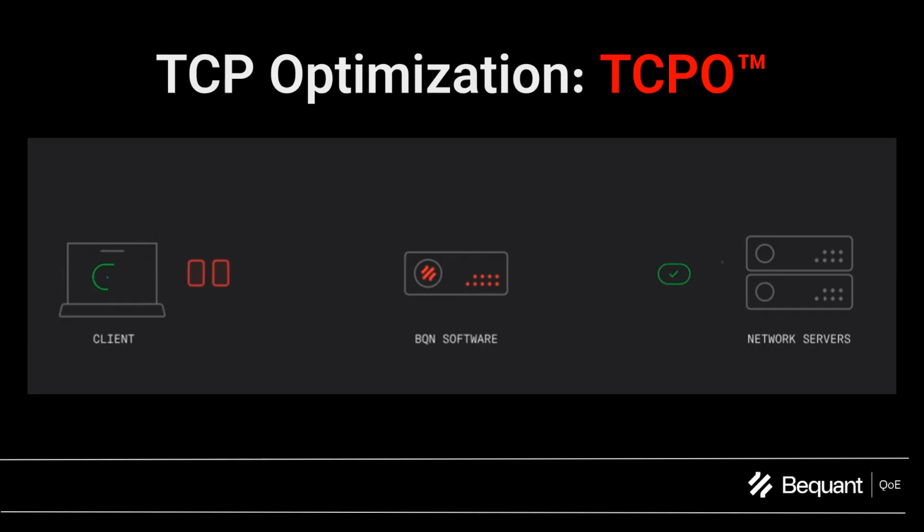The effect? Faster applications. Second, if the subscriber's device makes a packet retransmission request to the application server, TCPO will send the packet on the application server's behalf. The effect here is reduction in latency and smoother application performance.